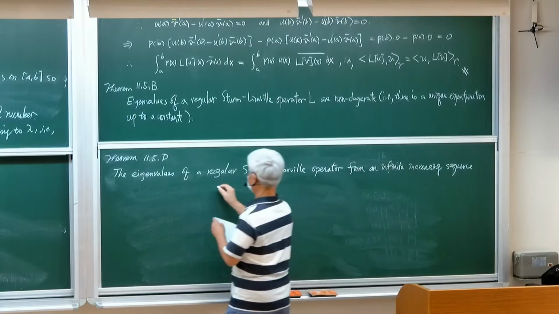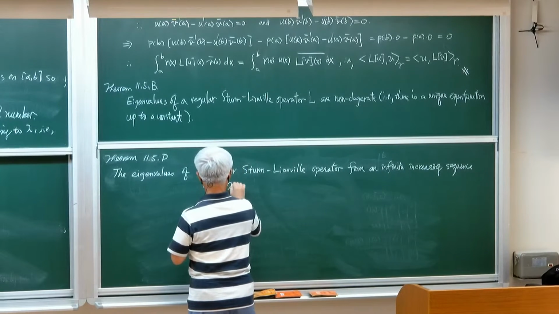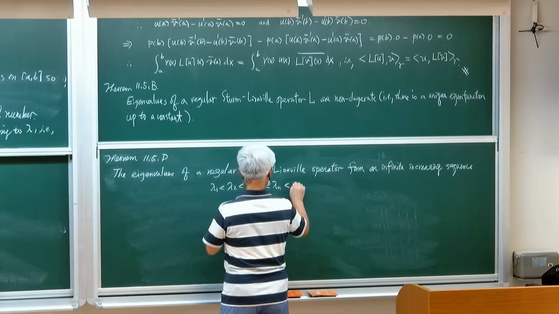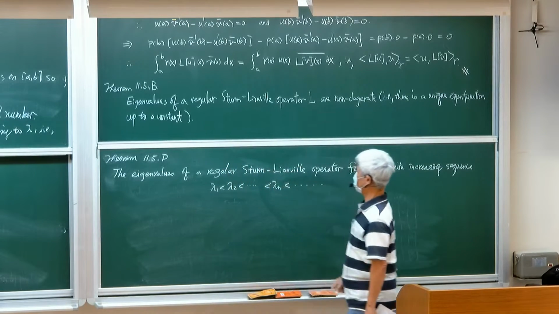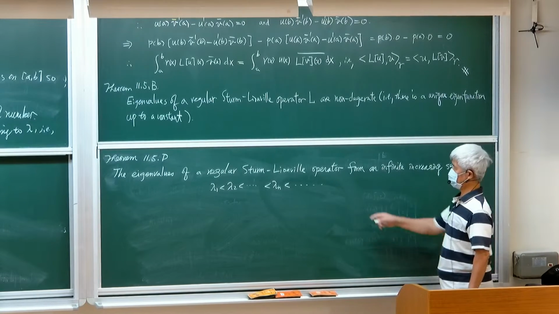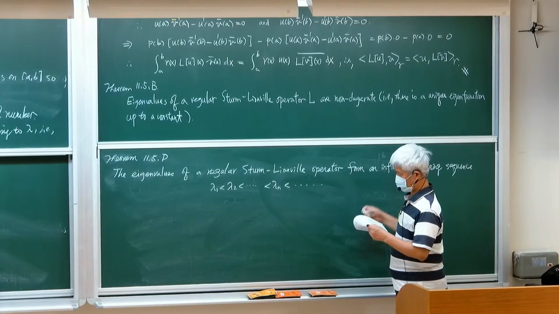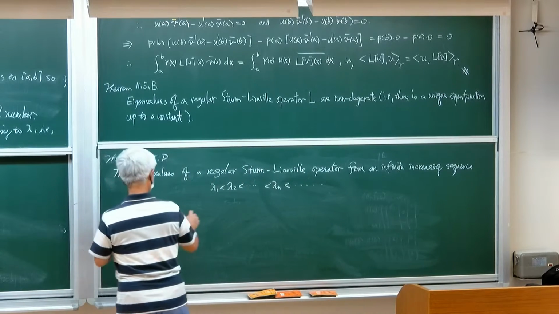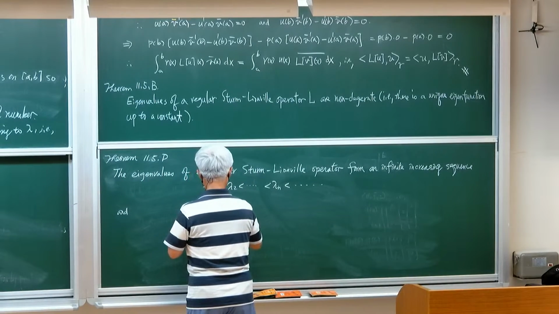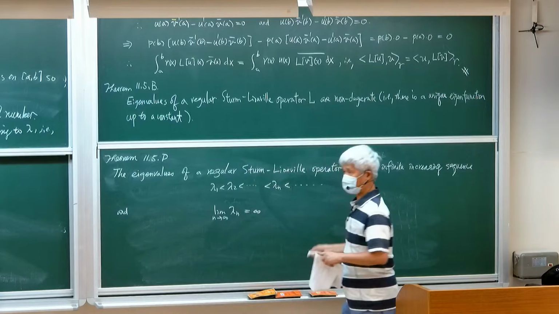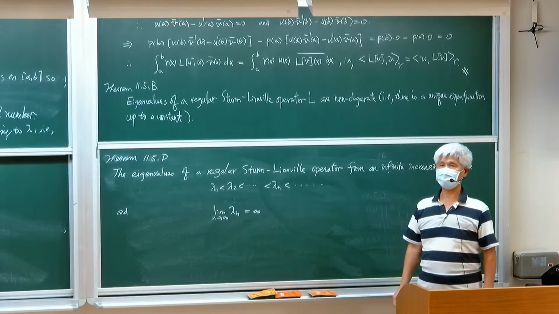So the eigenvalues are discrete, and it's an increasing sequence, unbounded basically. The limit of lambda n when n goes to infinity is infinity. So this sequence is unbounded.